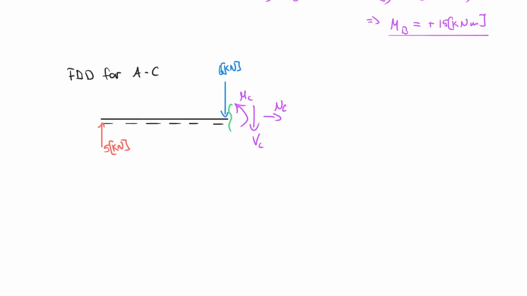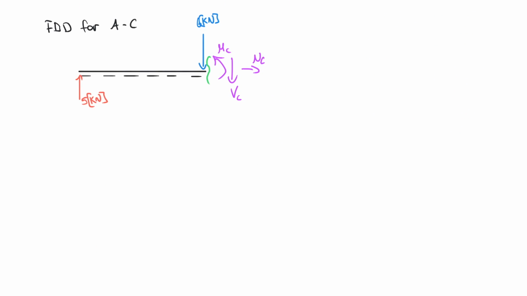All right, so now I can go ahead and calculate my internal forces at that location. So for example, the sum of the forces in the x direction is equal to 0 really tells me that NC is equal to 0. That is a result that I will use later on. I also have to find the sum of the forces in the y direction being equal to 0.